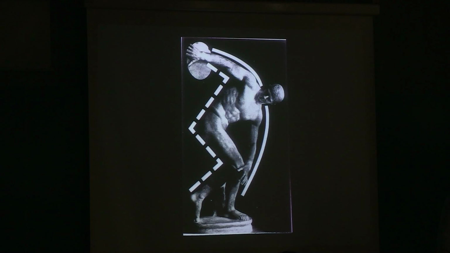And because they are calculated, even though this is a three-dimensional sculpture, it works best if you look at it from a point where these lines can be perceived. So if you move behind the discus thrower, or if you move a little bit to the side, then you will not have the desired effect that was intended by the sculptor who carved the athlete.